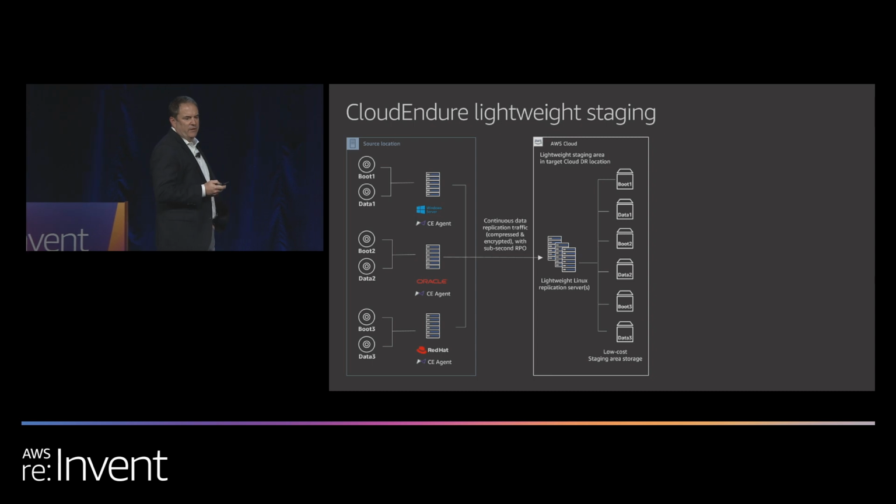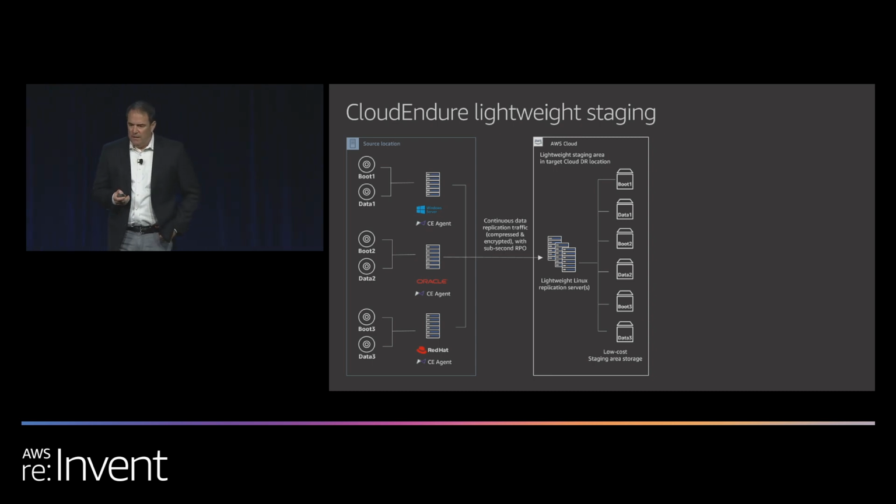So Cloud Indoor is a leading provider of data migration and disaster recovery solutions. It was acquired by AWS earlier this year. Cloud Indoor simplifies and reduces the cost of cloud-based disaster recovery by offering lots of automation. So a few core things that it does that are really interesting.